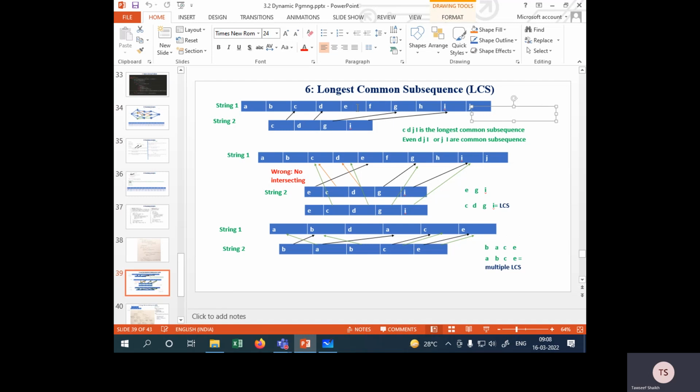But the case may be like, for example, here I'm writing B in place of D. So when I try to find out whether this substring is a part of this big string or not, this C is already there, this B is already there, but I had to make an arrow like this.